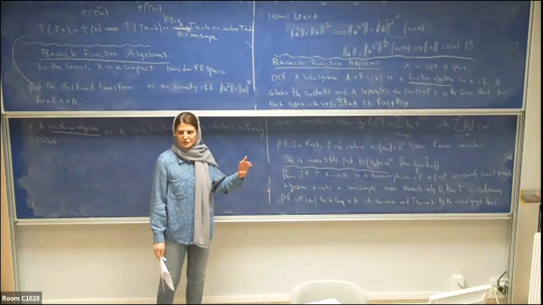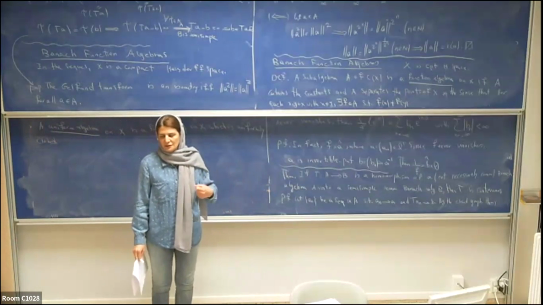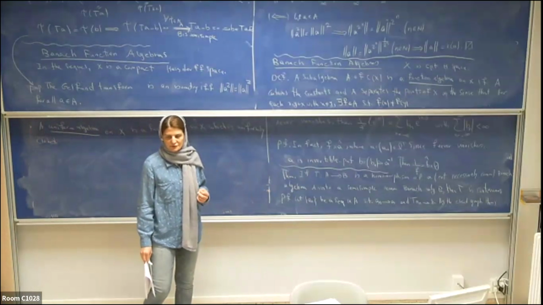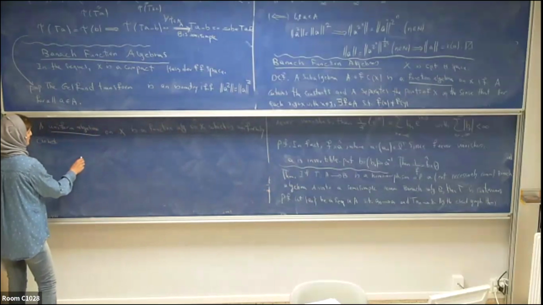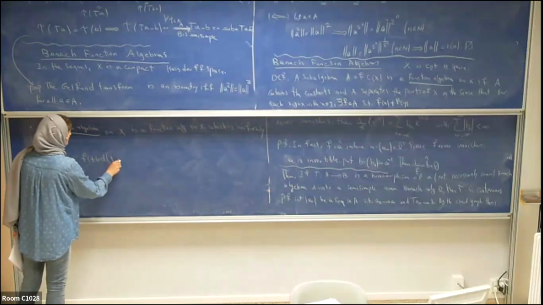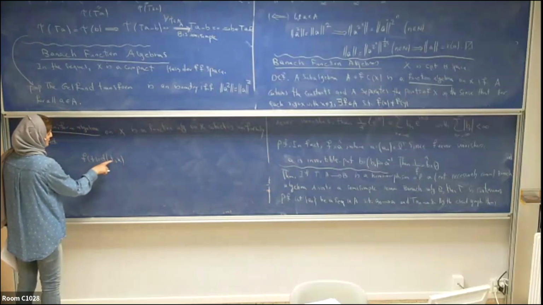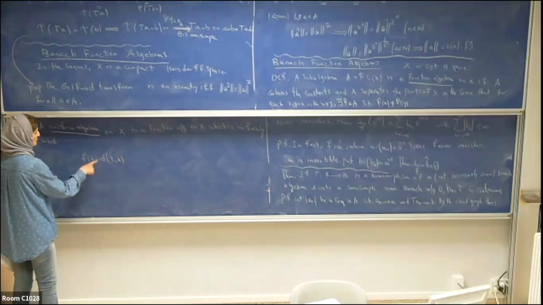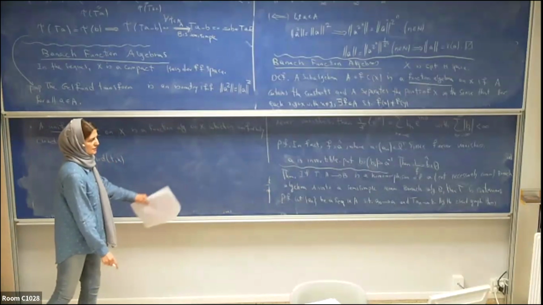Or for example, for C^n, it is easy to see that it separates the points, you can define a suitable function. For the Lipschitz algebra, of course, for example, f of t is the distance of t and x, which is 0 at x and not 0 at the other points. So it separates the points.